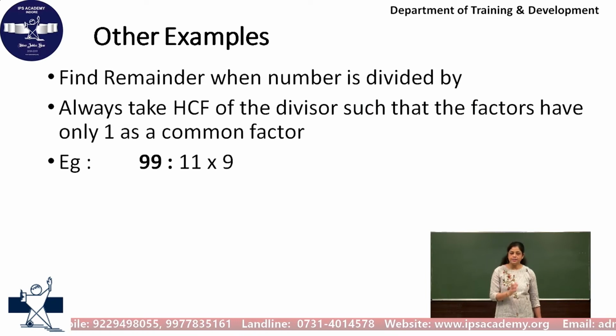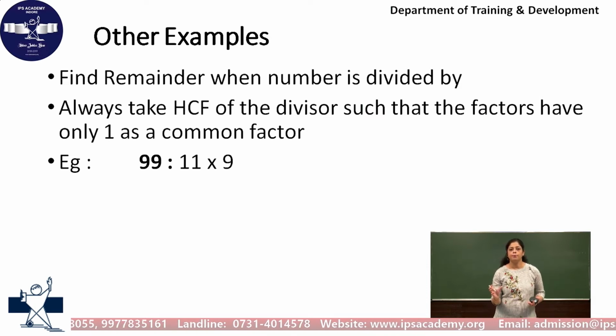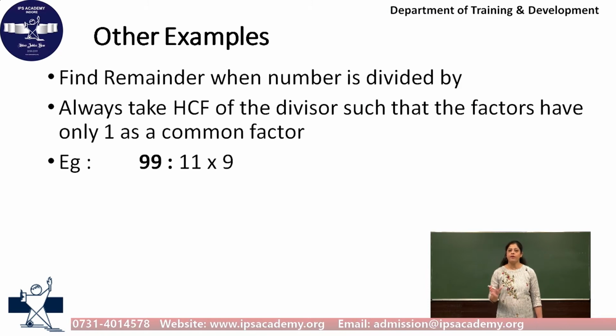So whatever divisor we are getting, we have to factorize it into prime factors. Not necessarily prime factors, but a pair of numbers whose HCF is 1. HCF is 1 means there is no other common factor between them. Meaning you have to factorize the divisor into factors where there is no common number apart from 1.